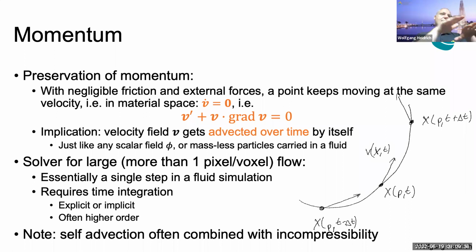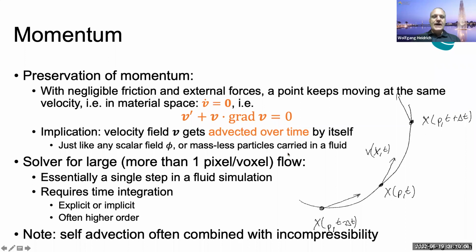So if I have a velocity field at a certain time, and then I look at it at the time t plus delta t, the velocity at the new point should basically be the velocity of the old point, just moved forward by itself. So this is called the self-advection of the velocity field. So the velocity field basically warps itself into the new velocity field.